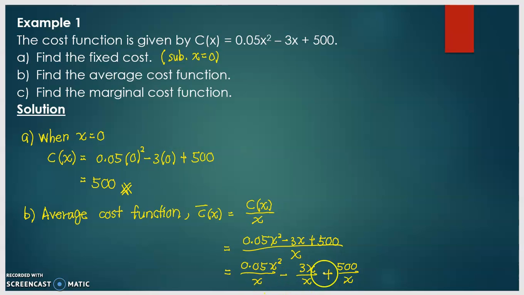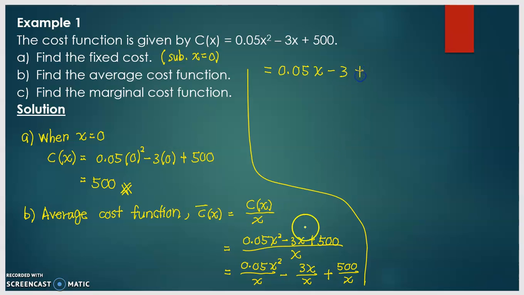So I separate into 3 parts and then I try to simplify. 0.05x squared divided by x, I should have 0.05x, because x can be cancelled out. Here is minus 3, plus 500 over x cannot be simplified. So here is also 500 over x. So this is the average cost function.